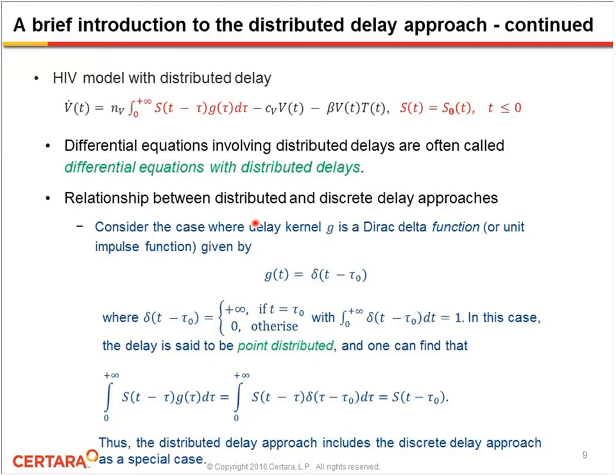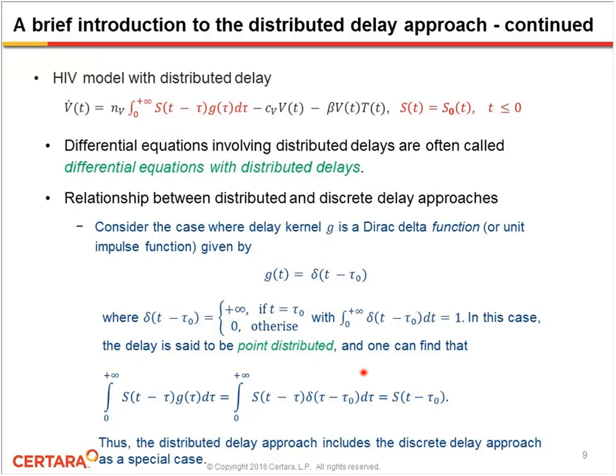Now, you may wonder if there is any relationship between distributed delay and discrete delay. The answer is yes, especially if you consider the delay kernel to be a Dirac delta function, also called the unit impulse function, given by this one. In this case, we say that the delay is point distributed.